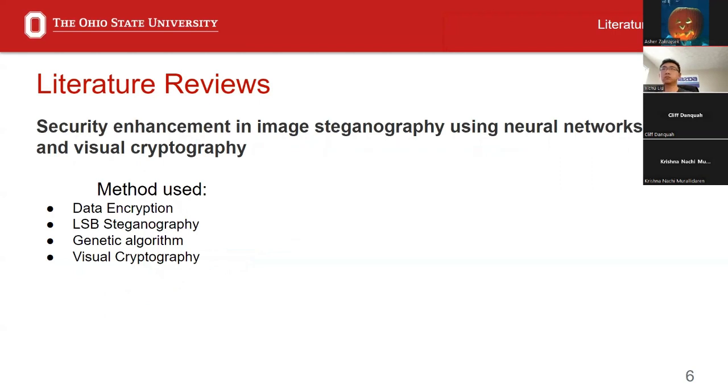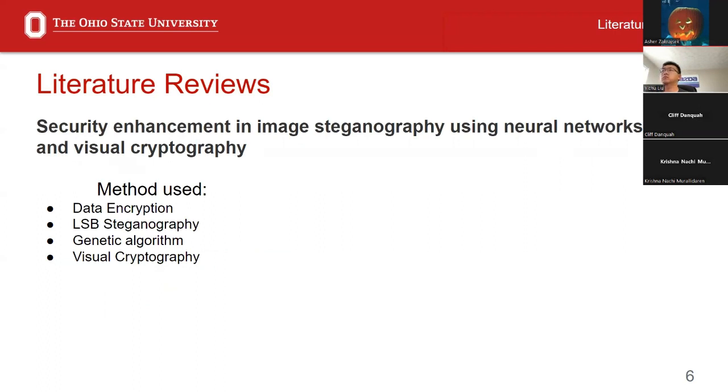In this paper, the author demonstrated the use of a genetic algorithm, image steganography, and visual cryptography for data hiding in images for wireless networks. No encryption algorithm is used for this data. LSB steganography is used for hiding the secret data in the cover image.